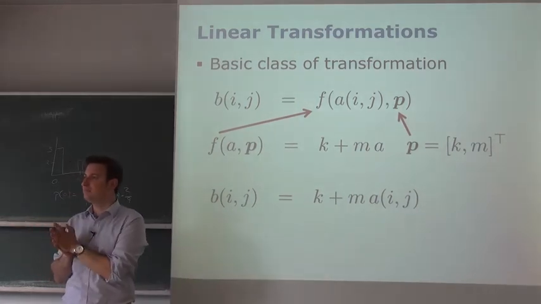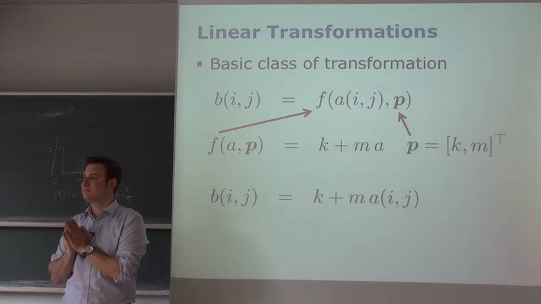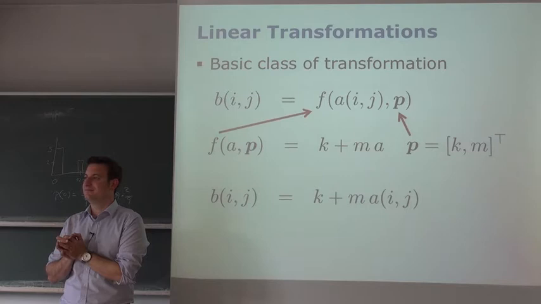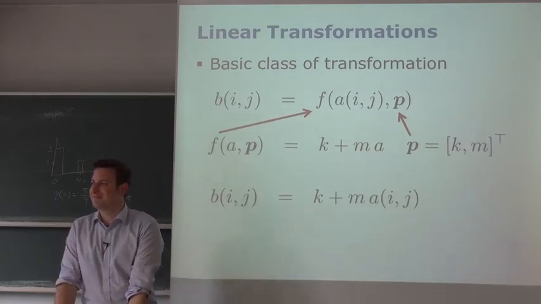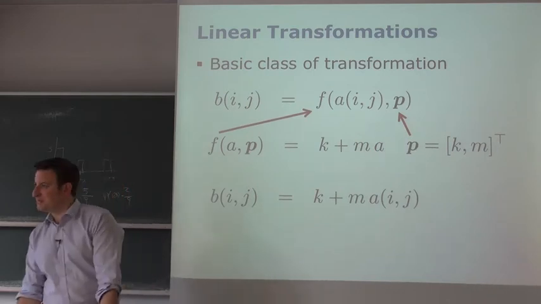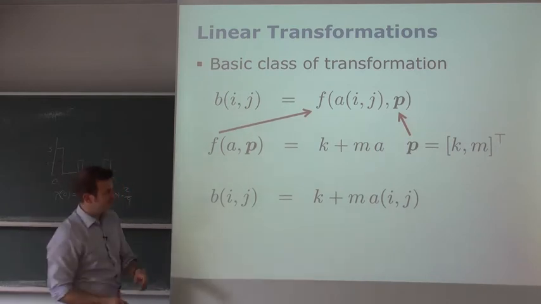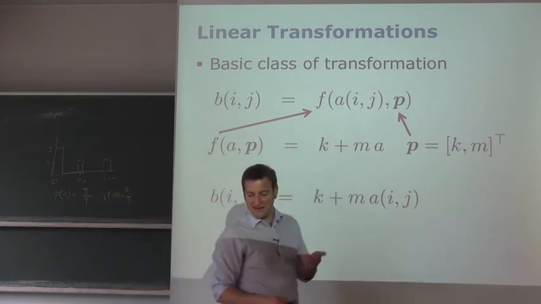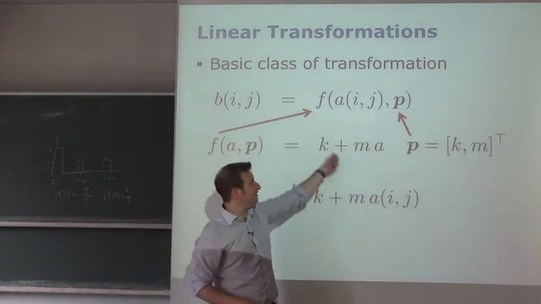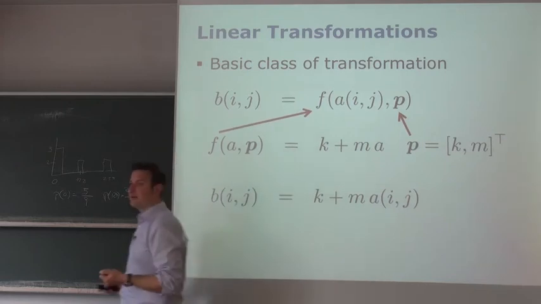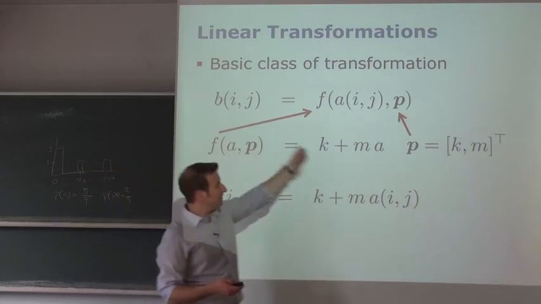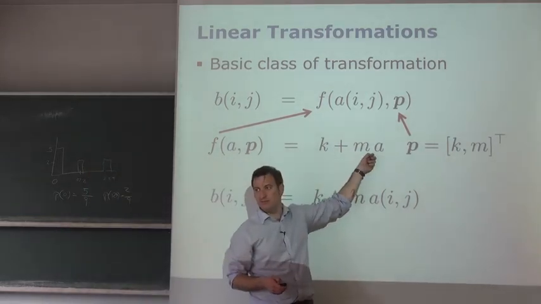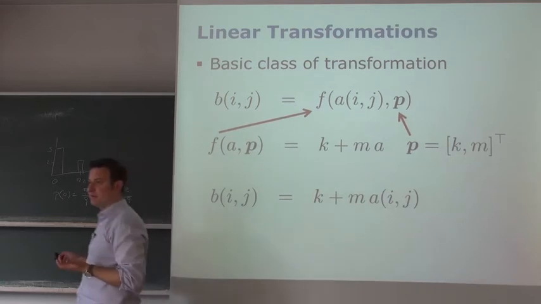How does this change the mean? It hopefully increases the mean by 1. So k is added to the mean, and of course the scaling factor also scales the mean. If I multiply all input values by 2, the mean is twice as big in the output image.